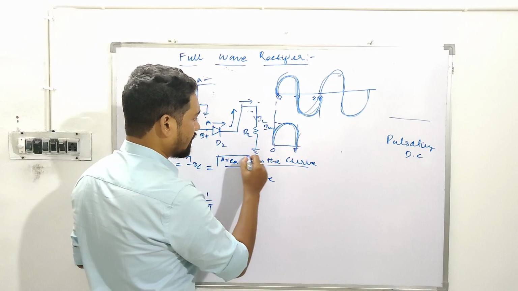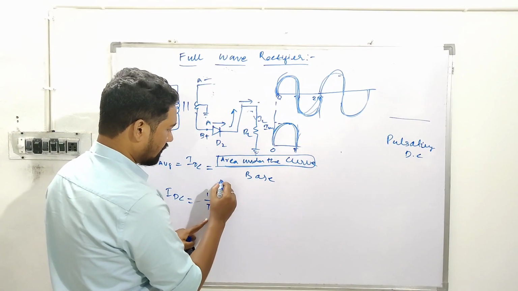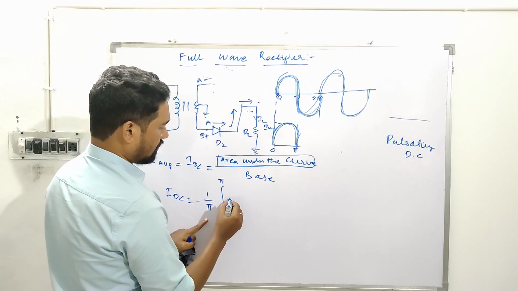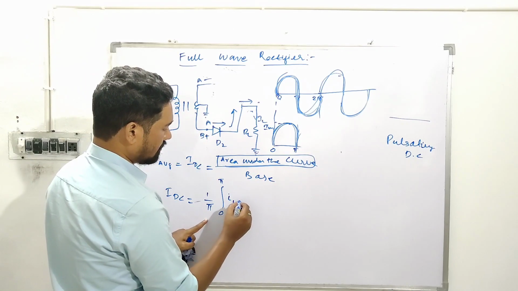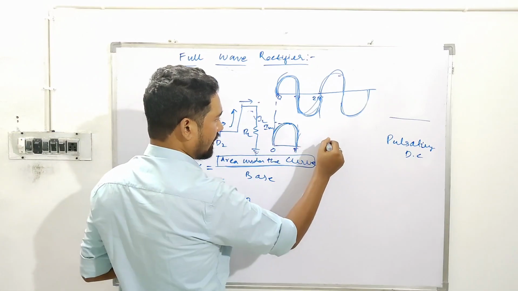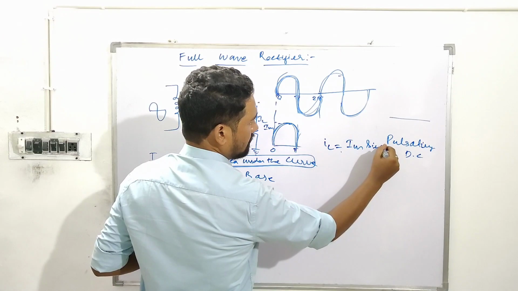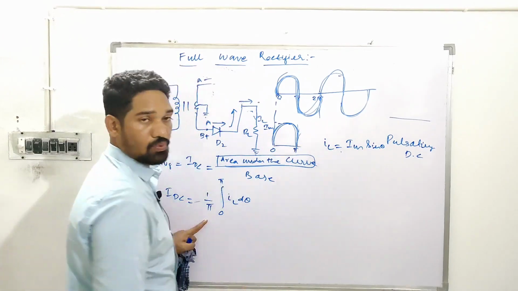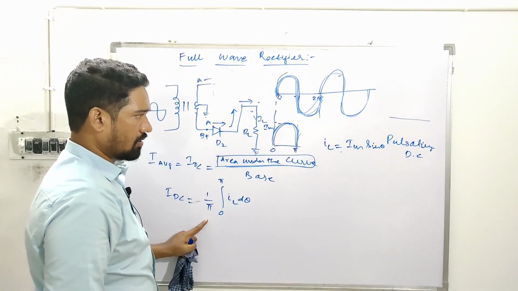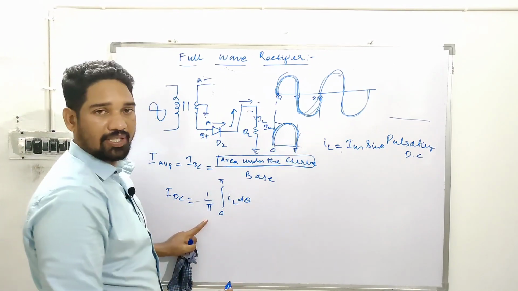And how to evaluate the area under the curve? It's integration 0 to pi of the load current IL d theta. The load current IL is equal to Im sine theta, the mathematical representation of this. For each and every shape we have a mathematical expression.